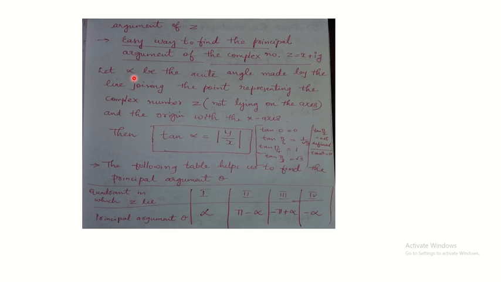Now first of all, you'll be having a question, and the first step is to find alpha. How to find alpha? Tan alpha is equal to modulus of y divided by x. This is the first step. Okay, tan alpha equal to modulus y by x. So for this, to find the value of alpha, you have to know some of the angles of tan.